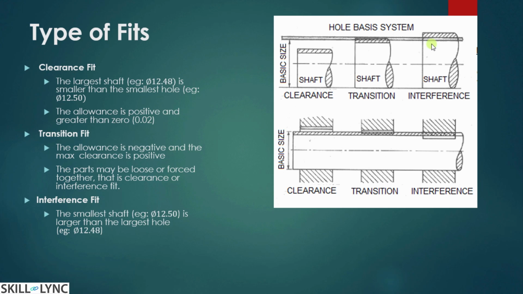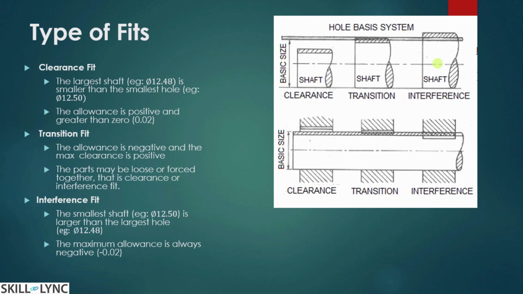So typically it means that you cannot fit the components together under normal conditions, that is, the maximum allowance is always going to be negative. So that means that there's going to be an interference to it. Here you need to take special manufacturing processes.